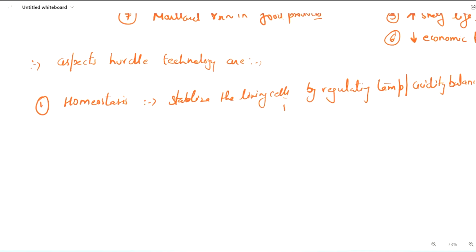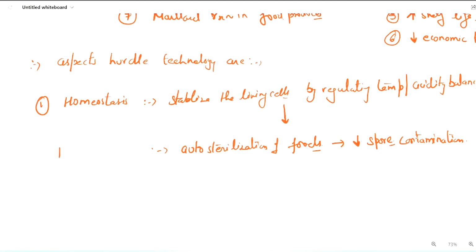This leads to another aspect, which is the auto sterilization of foods, and this leads to decreased spore contamination in the food. This process is called metabolic exhaustion.